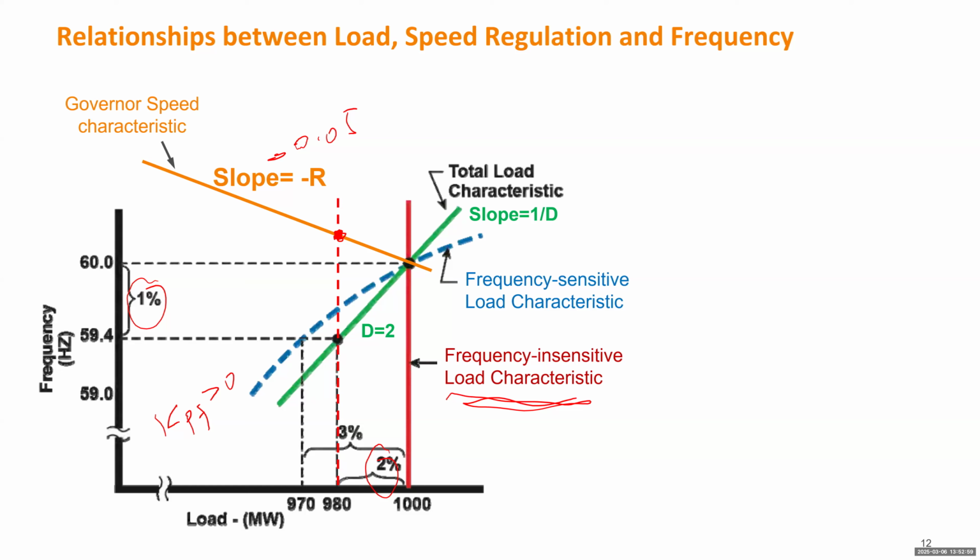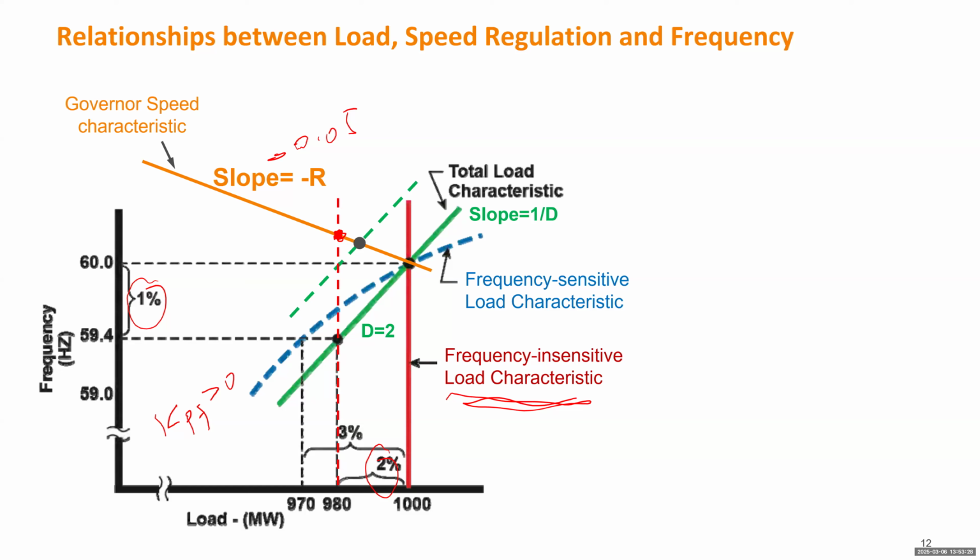For example, there's a 1,000 megawatt load, and 2% of load is gone. The frequency dependent load is evenly distributed everywhere. But right now, based on the 60 hertz, I know 2% of load is just disconnected. So what is the new frequency? We need to shift the green line to the left by 2%, which will be this line. So the new point will be this black dot.